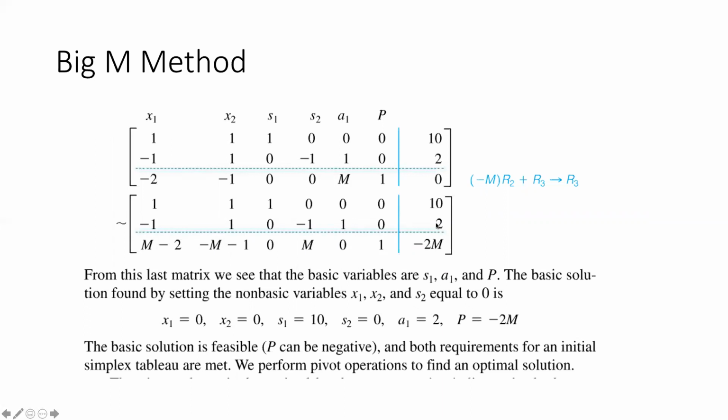So a1 equals 2, and profit equals -2M, just as we see down here, right? The big concept is to make sure you have your artificial variable and your surplus variable, and then remove the M from underneath the artificial variable. Once you've done that, you can proceed just as we've done before with the simplex method.